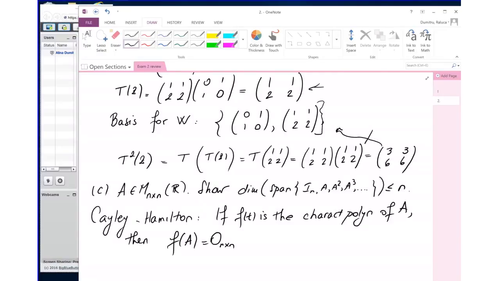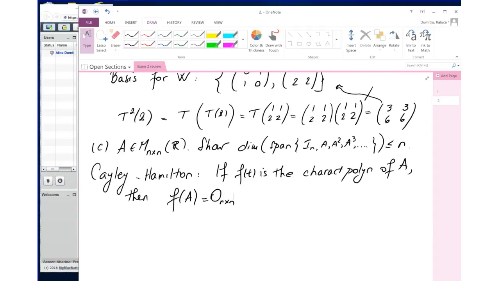Now of course I don't know what the characteristic polynomial of A is, but I know a couple of things about it, like its degree. The degree of the characteristic polynomial is n, always n. So f of t, and I also know the leading coefficient. It is not important, but anyway, let's put it here: negative 1 to the n, t to the n, and then the rest of the terms.